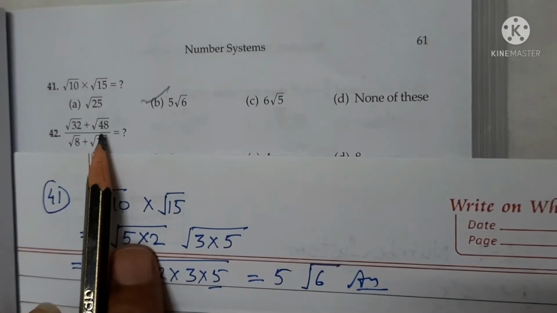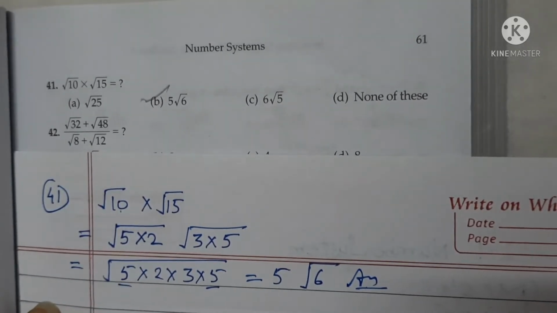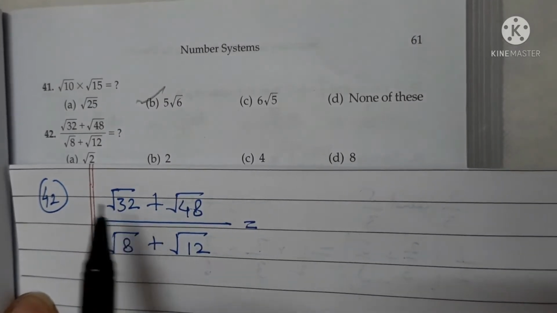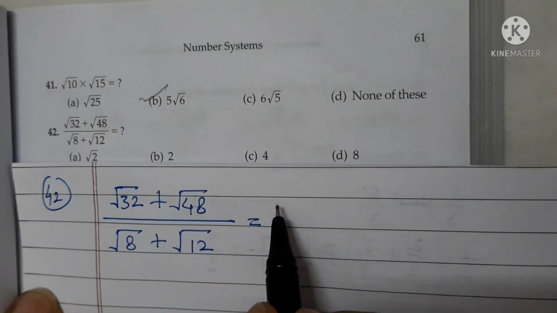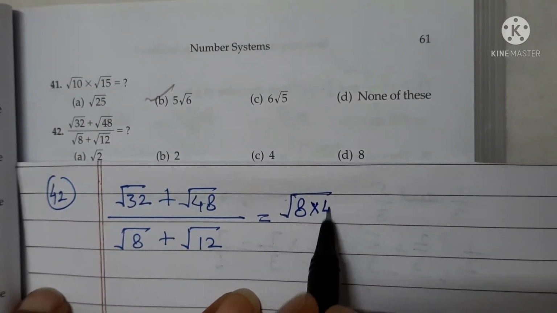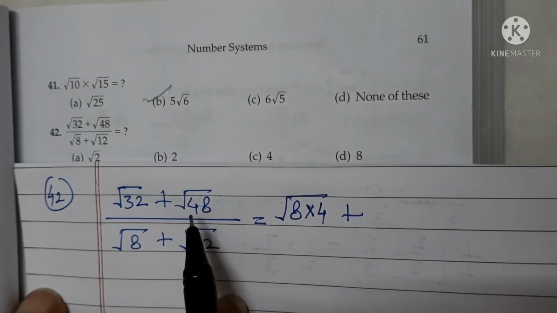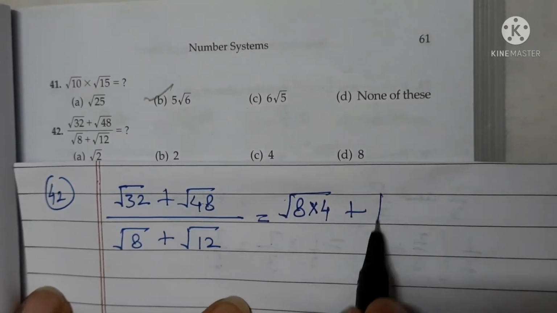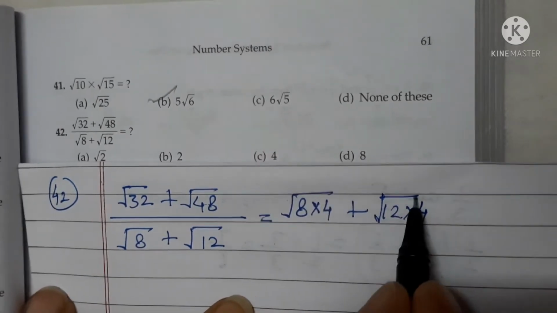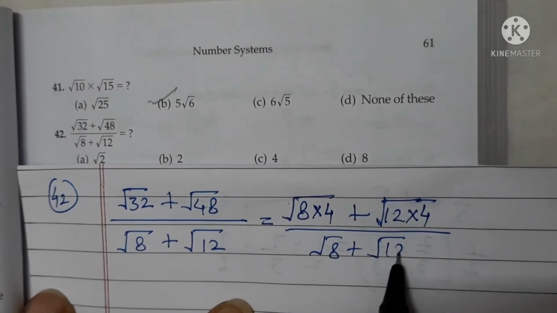Next, under root 32 plus under root 48 upon under root 8 plus under root 12. See how to solve. Now you can write under root 32 as 8 4s are 32, under root 8 into 4, plus break it as a factor of 12, 12 4s are 48, 12 into 4, upon under root 8 plus under root 12.